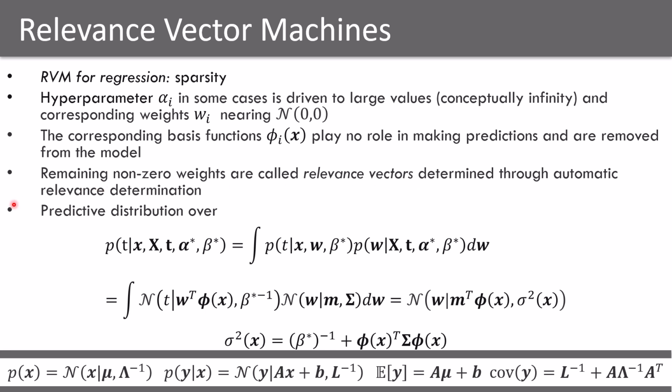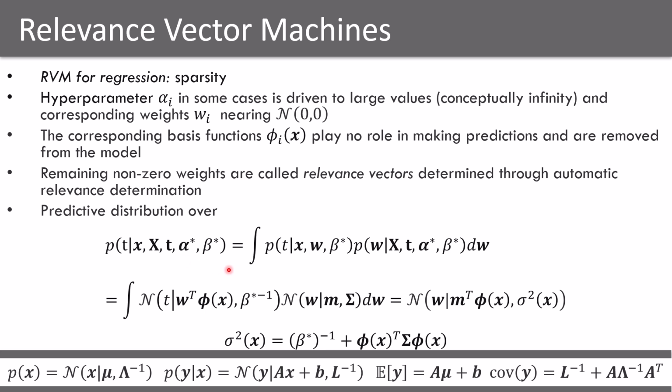Now, what remains is to express the predictive distribution of our new t given x and the training set capital X and t, and our tuned or point-wise estimated hyperparameters, alpha as a vector star and beta as a noise precision.